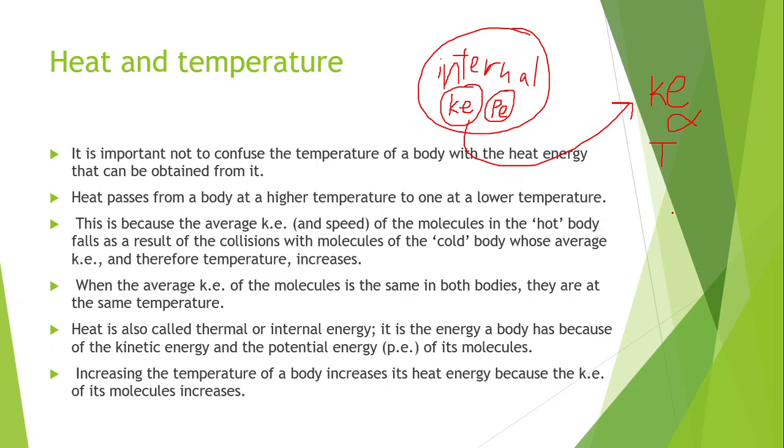That's basically the difference between internal energy, sorry, heat, and temperature, which we've made really clear. The reason why increasing the temperature of a body increases its heat energy is because the kinetic energy increases, and kinetic energy is really a huge part of internal energy. So that's why.